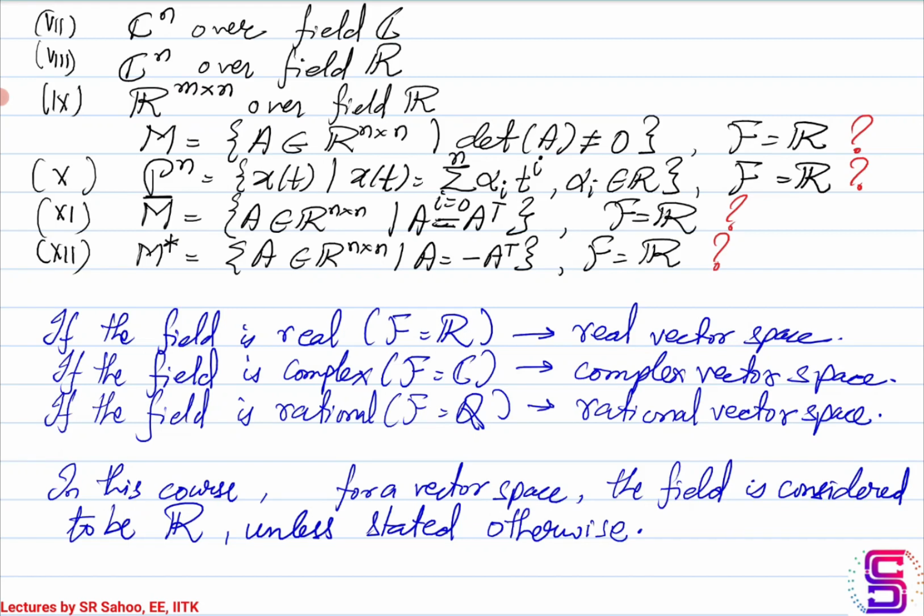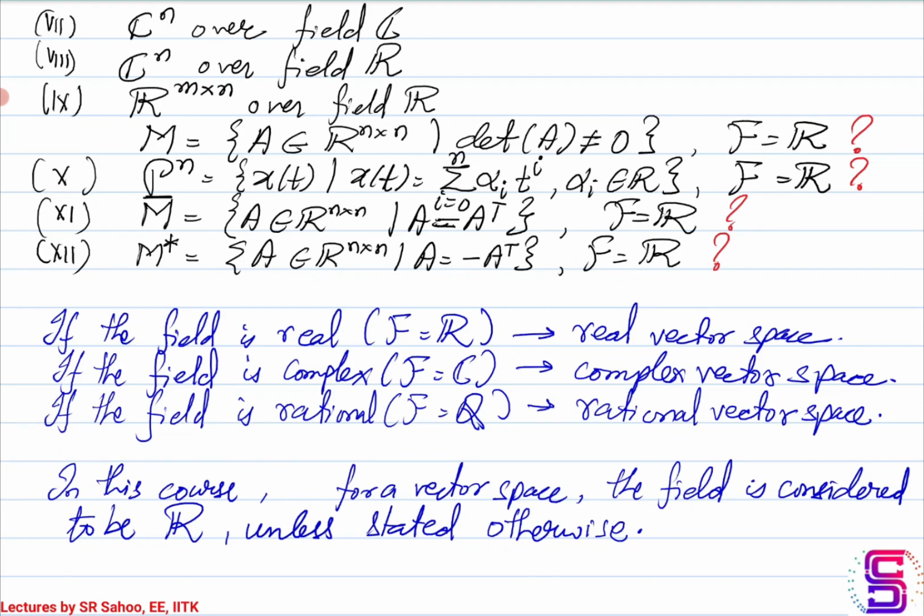Now the next example is concerned with m cross n real matrices. So R m cross n denotes the set of m by n real matrices. The corresponding field here is R. So the question is, is this going to be a vector space? Here the vectors are the m cross n real matrices.